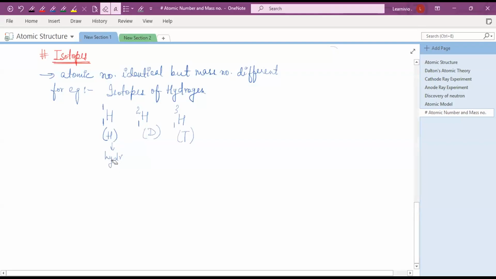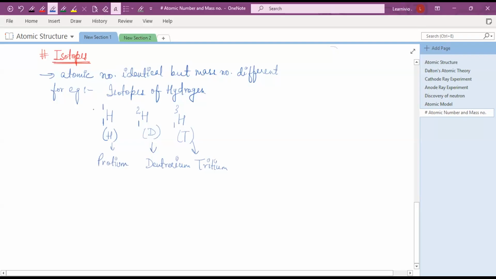This is hydrogen, or simply you can call it protium. This is deuterium. And this is tritium. So these are the isotopes of hydrogen, right? Here you can see the mass number is different.